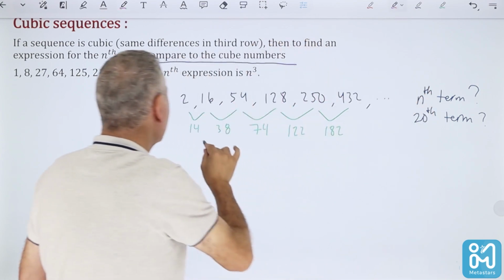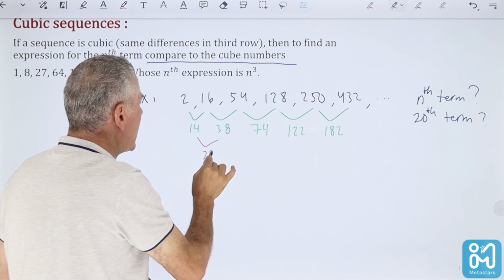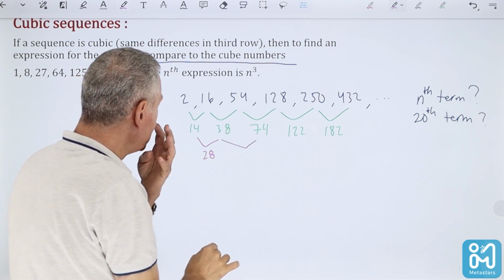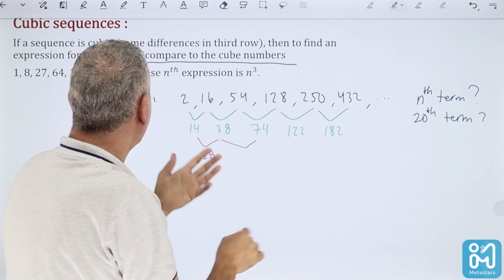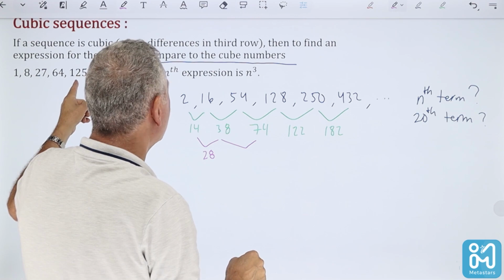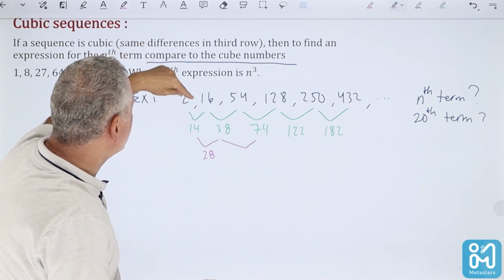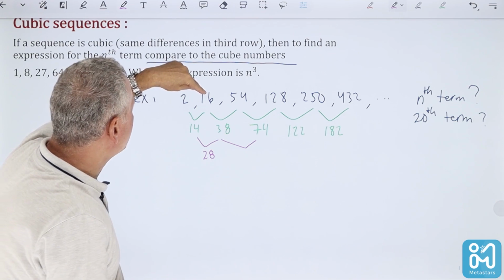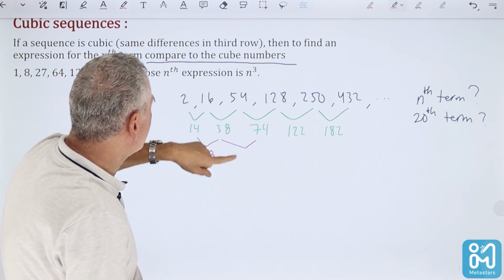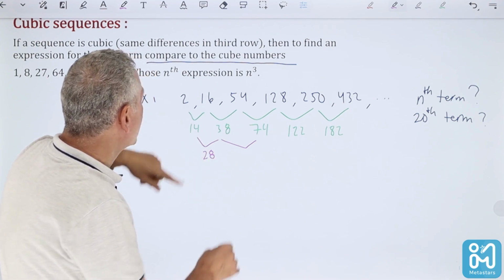And now we have 14 to 38, we have 24 added. Let me check that, is that correct? Why do I mess up these things here? 216, 54, 128, 250, 432, correct. 2 to 16 is 14, 16 to 54 is 38, that is correct. 14 to 38, we're adding 24.